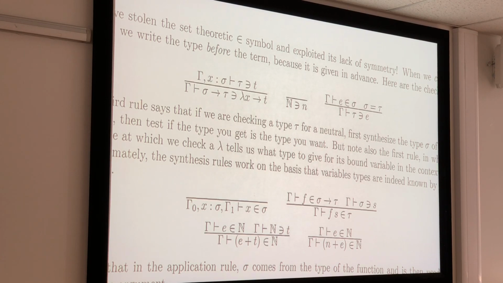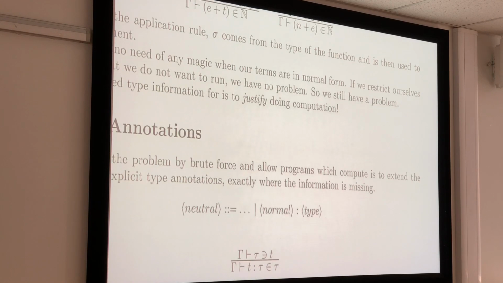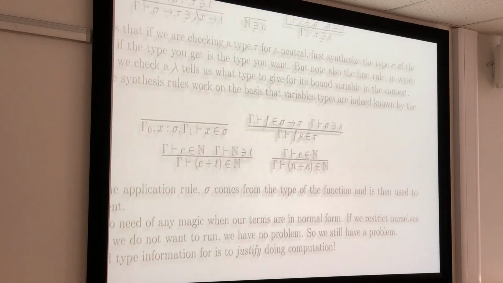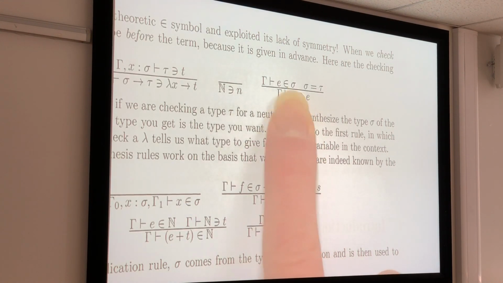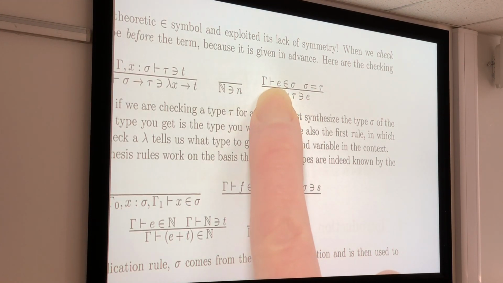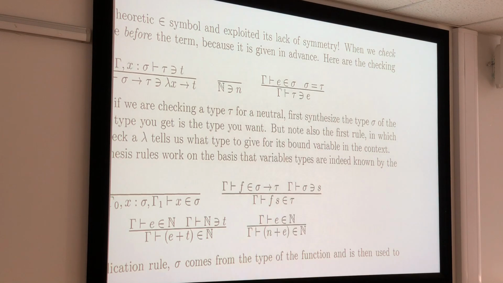So there are various ways we can get around this. This is very much what Stuart has been up to as part of his PhD, so he's the expert here. One thing you can do, here's a rule that says if you've got a neutral term, it becomes a normal term, and it's dead easy to check a type because you can even figure the type out.